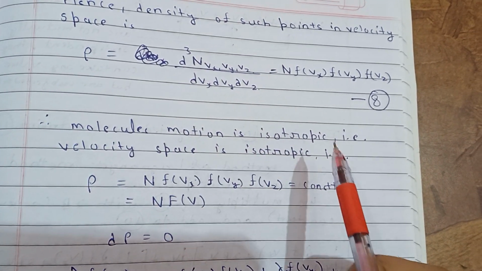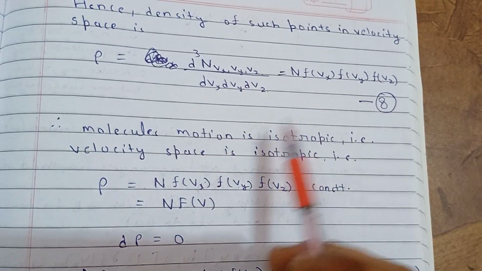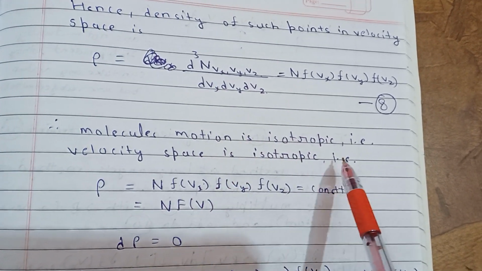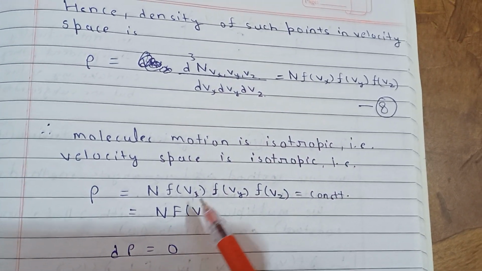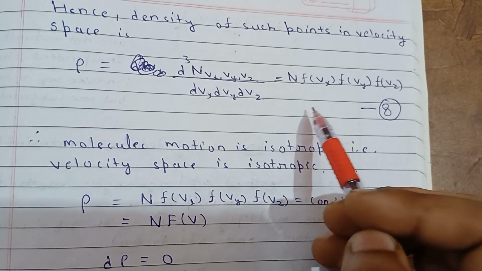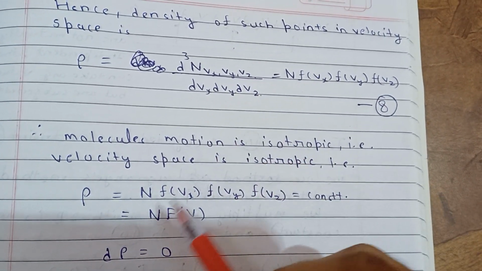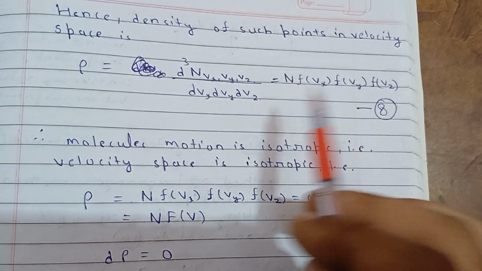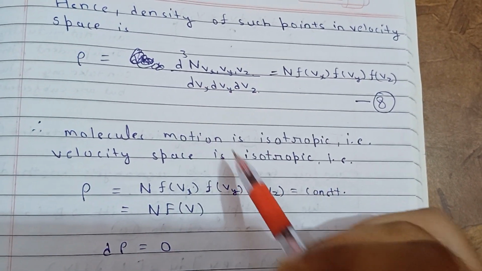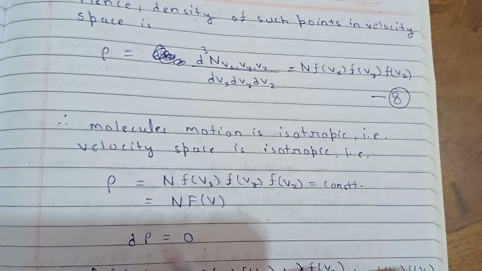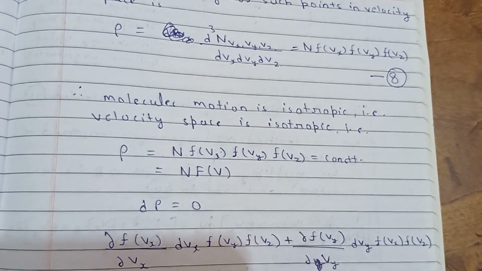Now the molecular motion is isotropic, that is the same in all space. Velocity space is isotropic, which means wherever you take the measurement it will give you the same result. That means this density will remain the same all over the space. So this density is constant, so d rho will be 0.